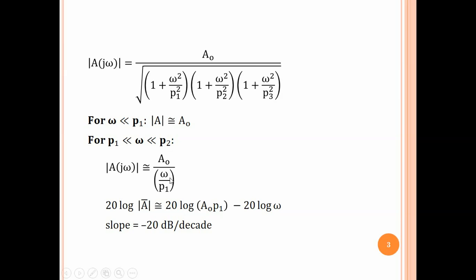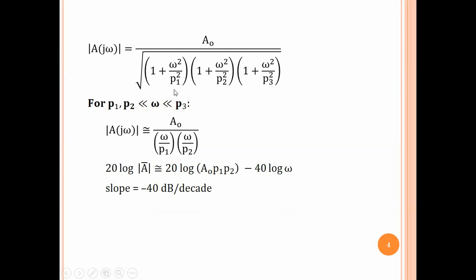So we get a0 by omega by P1. And when we take 20 log, this is of course the same as a first order transfer function. So we'll get 20 log a equal to 20 log a0 P1 minus 20 log omega. There is an omega in the denominator. So the slope in this part of the Bode plot will be minus 20 dB per decade.